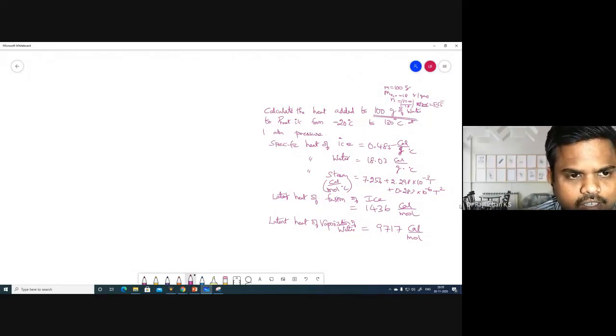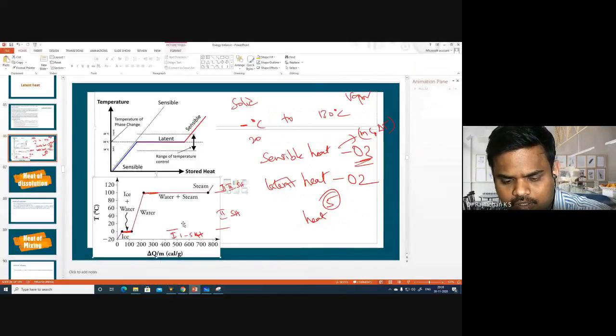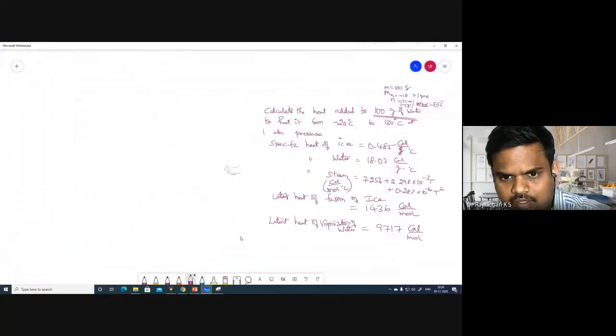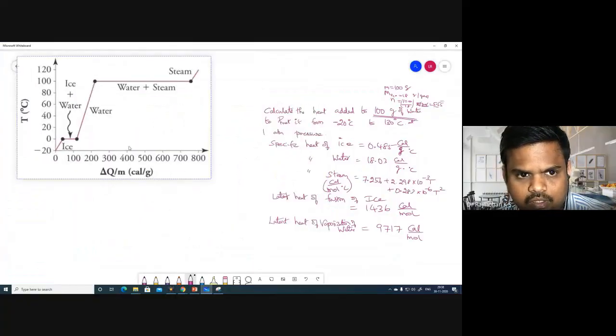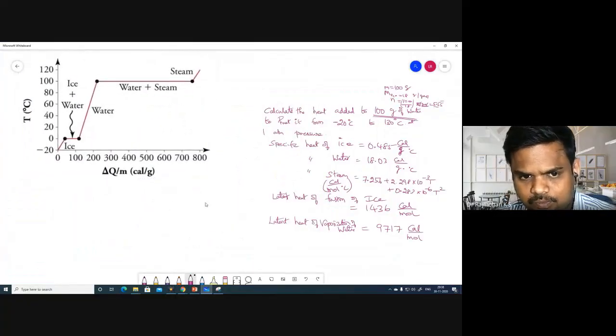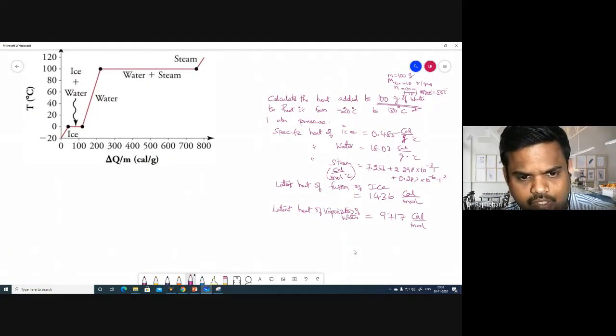We can write the heat to be added as follows. You remember the diagram which we have seen already. We have to find each one of them. So what are the terms?